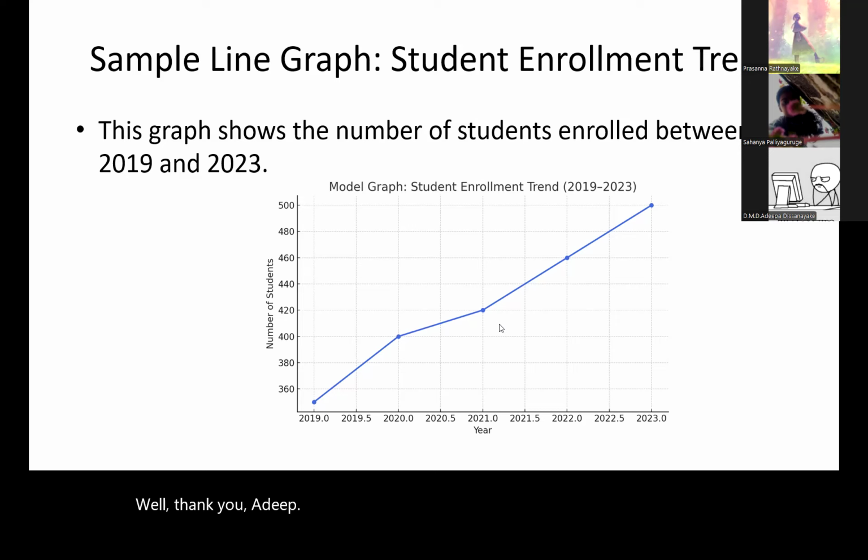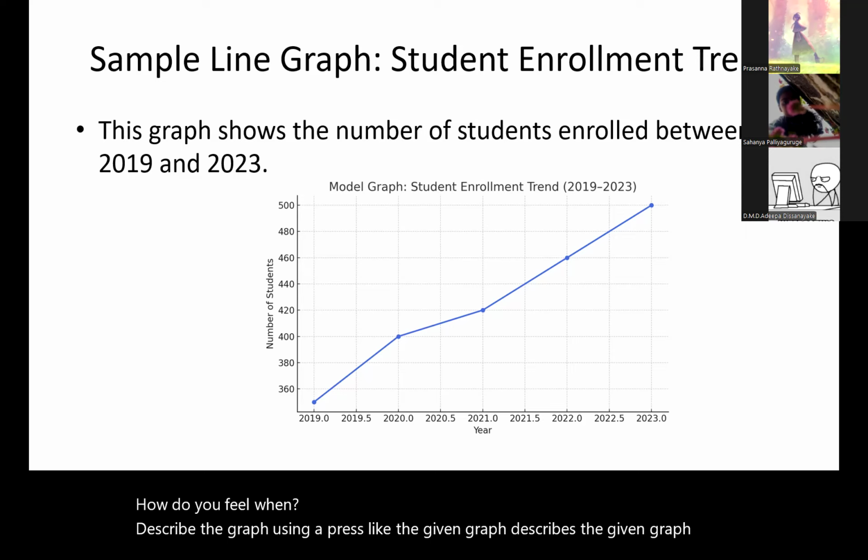Great. Thank you, Adip and Sahanya. Now, if I am to ask Adip, how do you feel when Sahanya described the graph using a phrase like, the given graph describes, the given graph gives data?